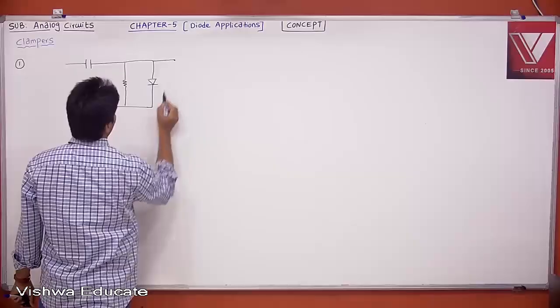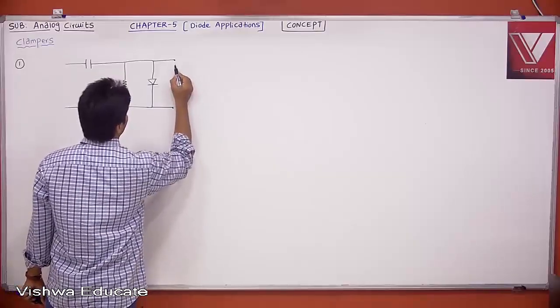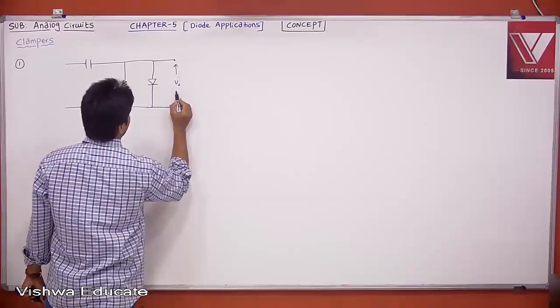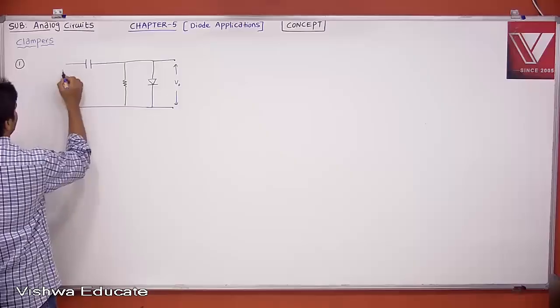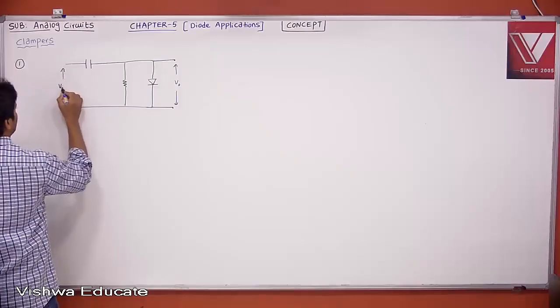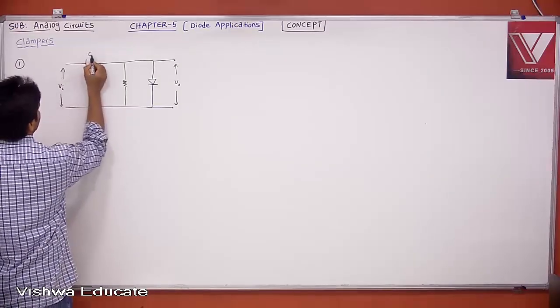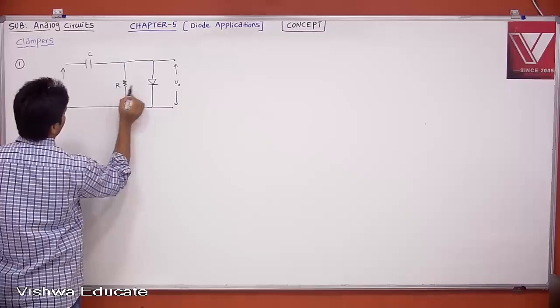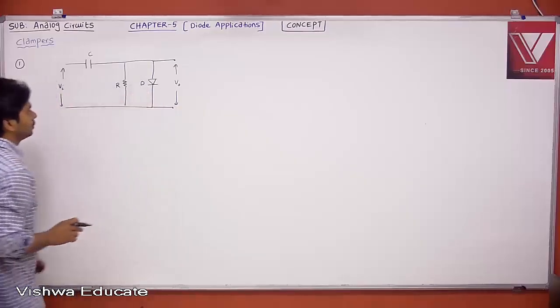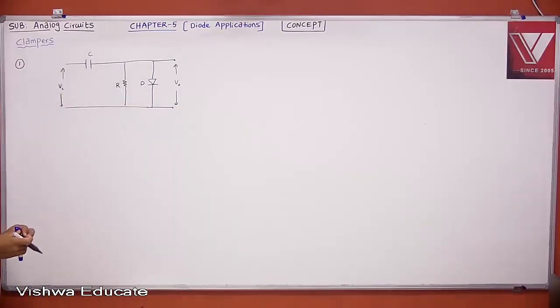This is our output, and this is your input. This is C, this is R, and this is your diode D. This is your first circuit.